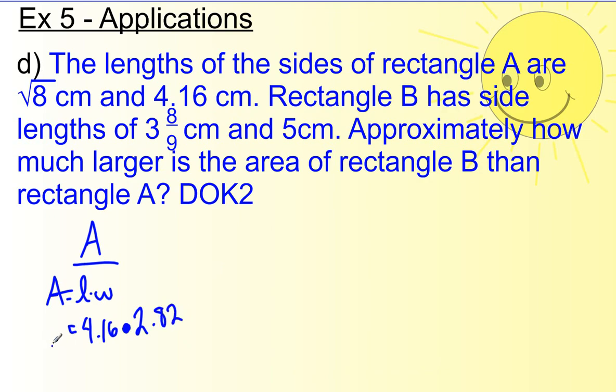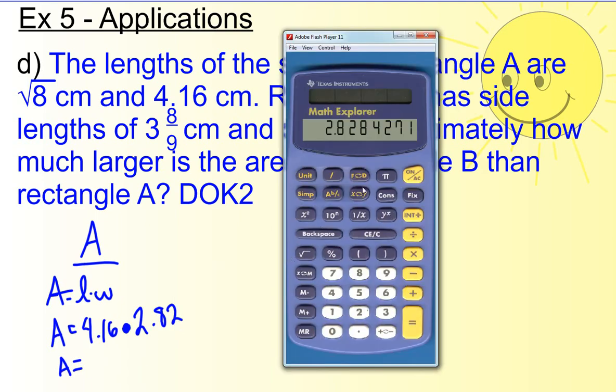And if I multiply those two things together, that would give me my area. So let's see. 4.16 times by 2.82, approximately 11.73.